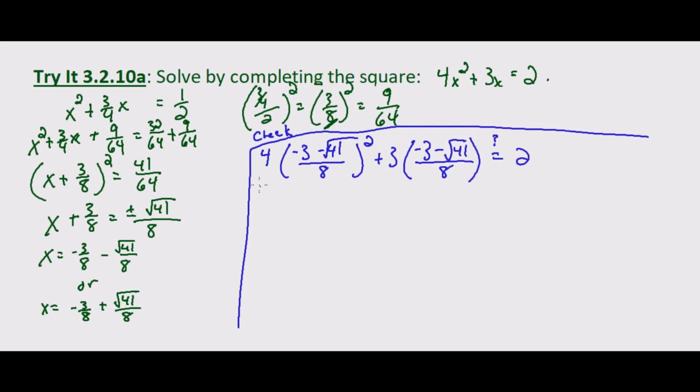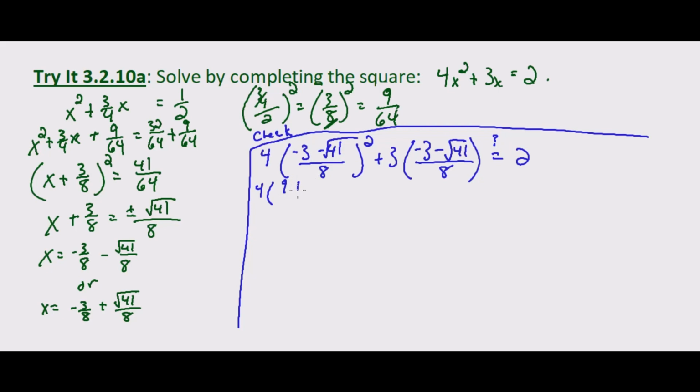So multiplying through, we have 4 times negative 3 times negative 3, which is 9. And then negative 3 times negative square root of 41 would be 3 times the square root of 41.